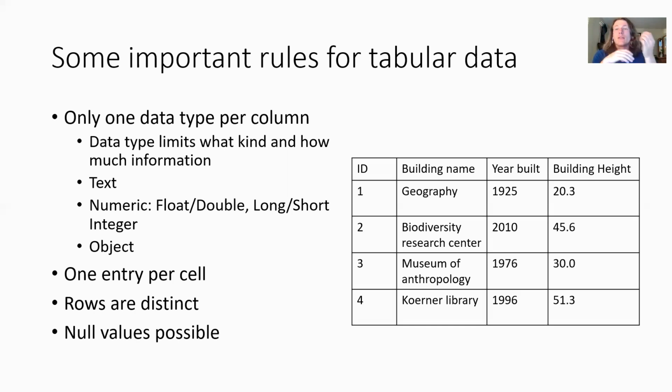And lastly, you can have null values. So we can have missing data. Some records, some rows can have values for certain attributes, and other rows might not have any values for those attributes, and that's perfectly fine. You'll see as you get into working with tables in ArcGIS how it can be beneficial to have missing data values in some areas.